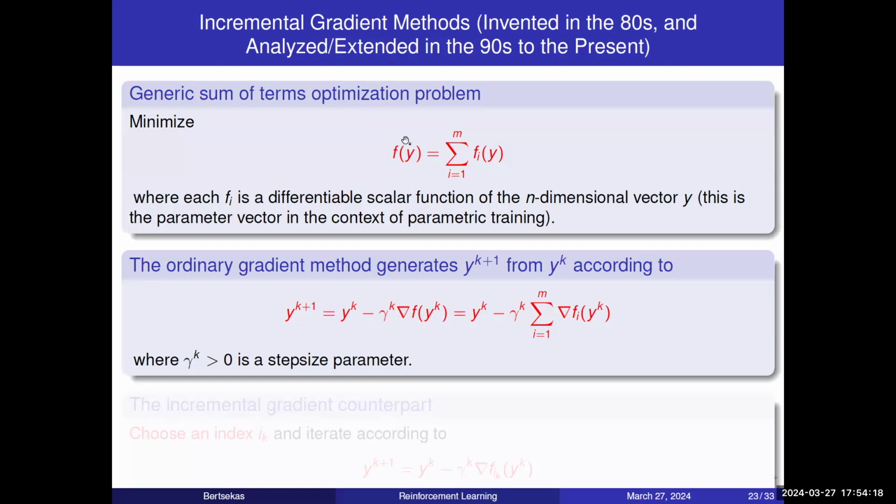Given that f of y is the sum of the components, this gradient would be the sum of the gradients of the individual components, where gamma k is some scalar bigger than 0. It's called the step size parameter.